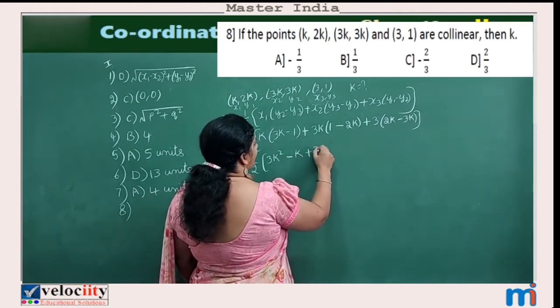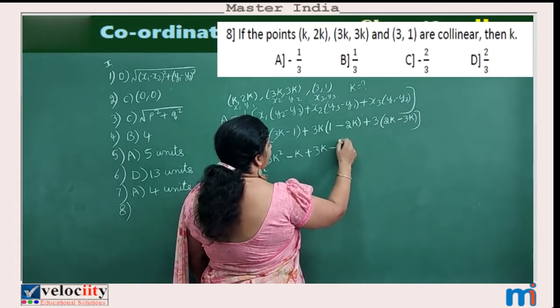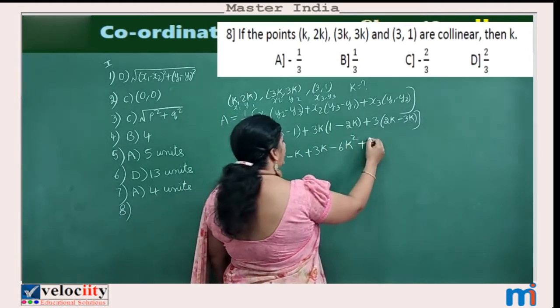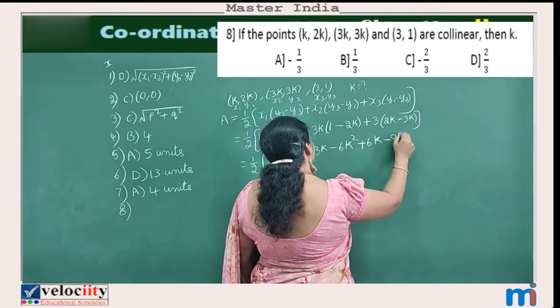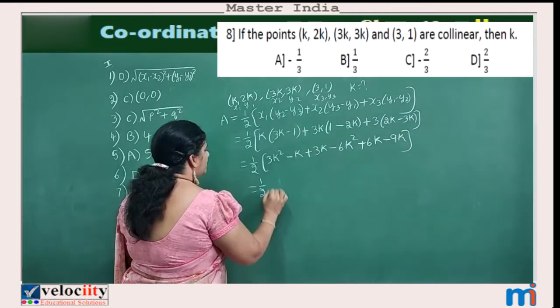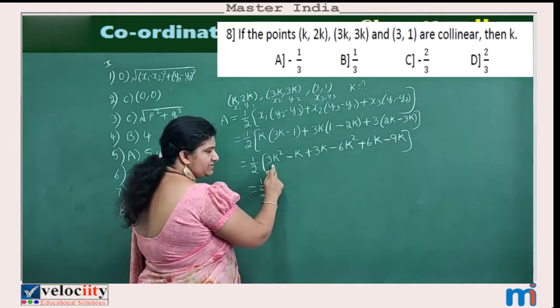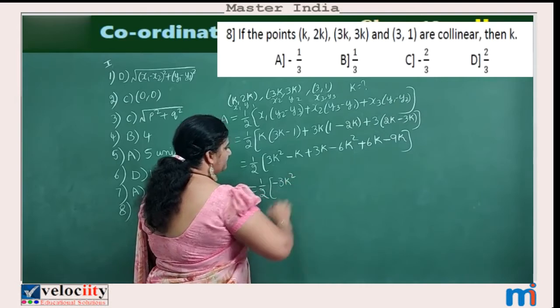This is equal to half of k into (3k minus 1), which is 3k square minus k, plus 3k into (1 minus 2k), which is 3k minus 6k square, plus 3 into (2k minus 3k), which is 6k minus 9k. Half of minus 6k square plus 3k square will be minus 3k square.